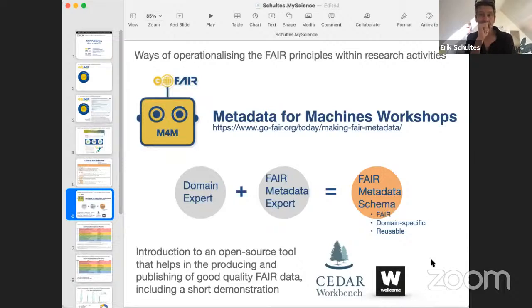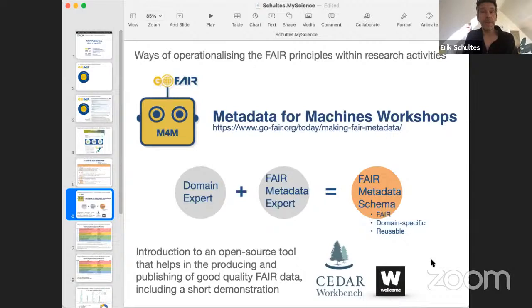I won't spend a lot of time, but I want to flag that CEDAR is this very powerful application that allows you, almost in a drag and drop fashion, to compose metadata schema customized to your own purpose. Those CEDAR templates are connected to BioPortal, which is a very large repository of vocabularies.